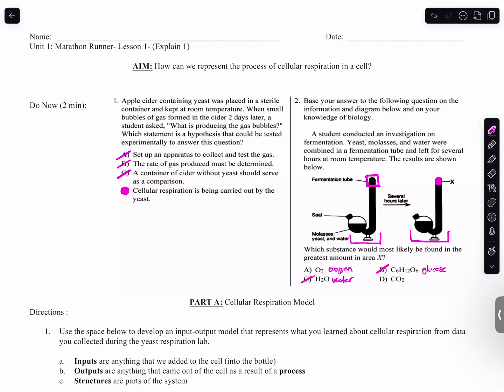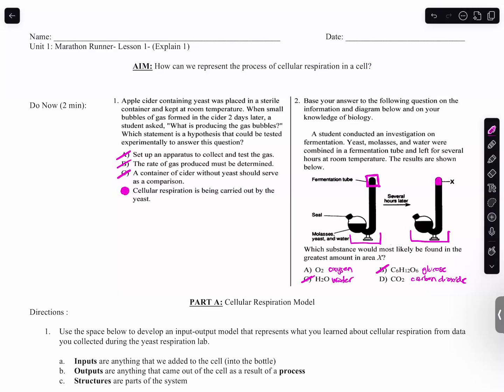And then D is CO2, which is carbon dioxide, which is always in the form of a gas. But now I have to see, whatever X is has to be a waste product because it wasn't used initially as a reactant. It has to be something that was produced over several hours.